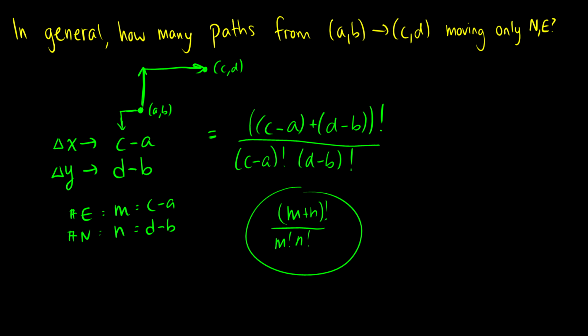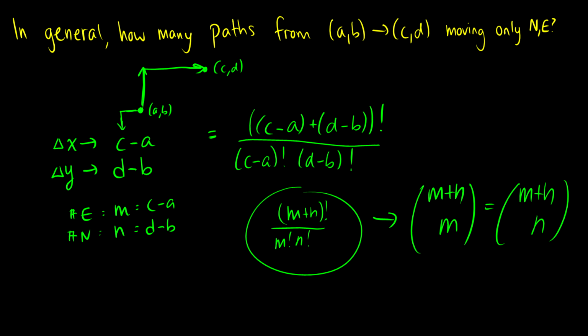So that is some more permutations with repetition. What's interesting about this is that this can actually be written as a combinatoric problem, where it's M plus N choose M. Or we can write M plus N choose N ways. That's the same thing.